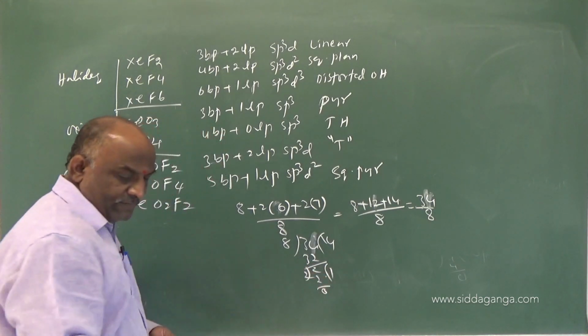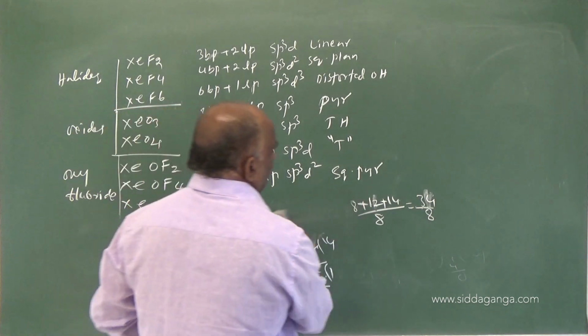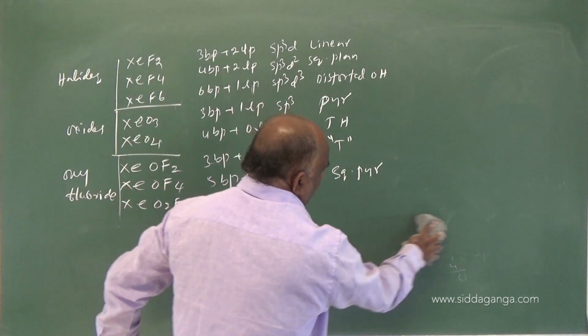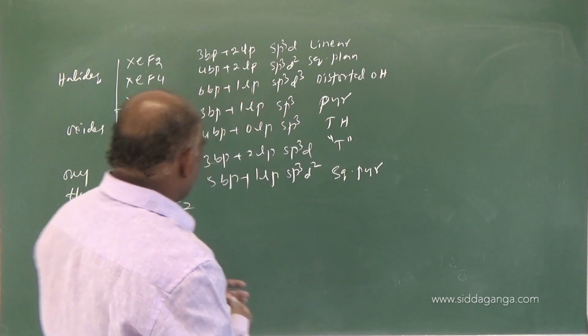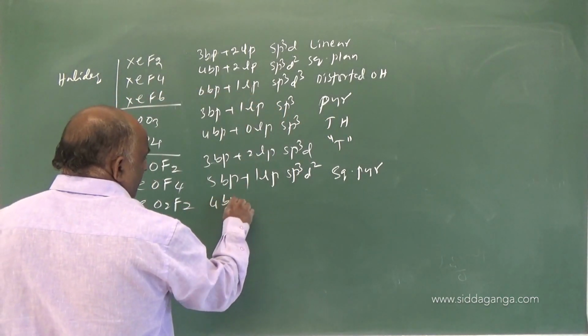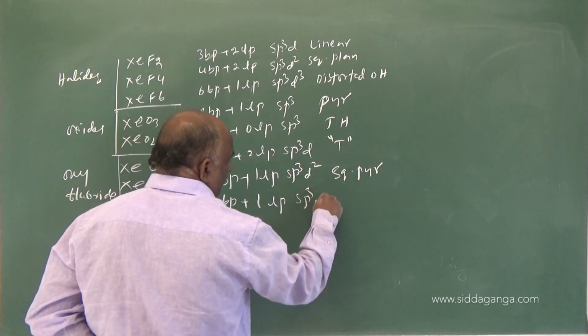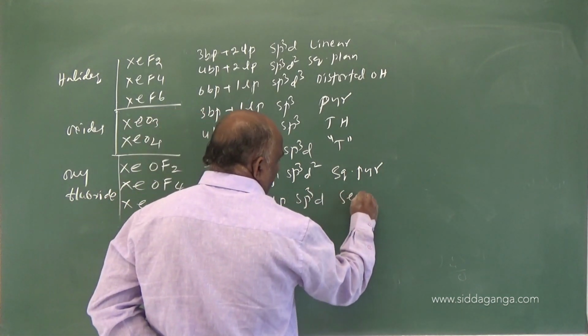So 4 bond pairs, 1 lone pair. Four bond pairs plus 1 lone pair, it is sp3d, seesaw.